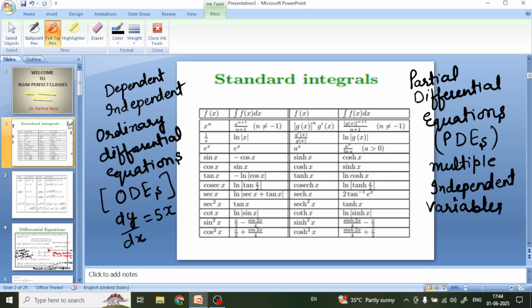Differential equations are used to model a wide range of phenomena.